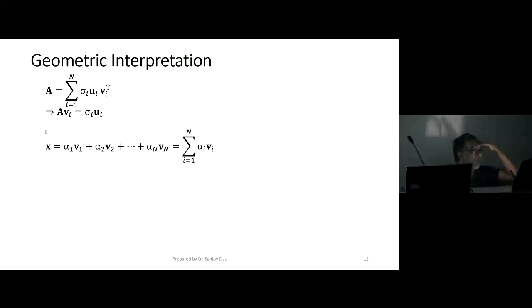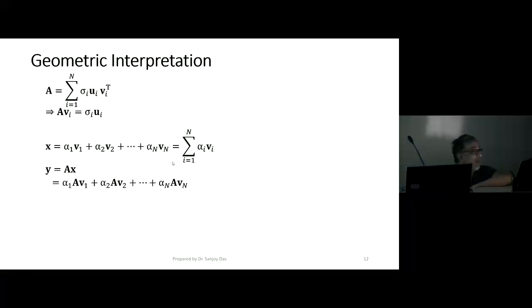Okay. So x is alpha 1 V1 dot dot dot until alpha n Vn, which is summation alpha i Vi, right? We saw that from the previous slide. So what is Ax? y is Ax, right? How do we express y? I replace x with this expression here. So y would be alpha 1 A V1 plus alpha 2 A V2 all the way until alpha n A Vn.